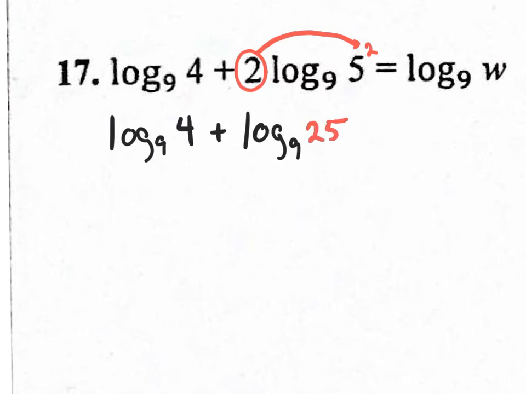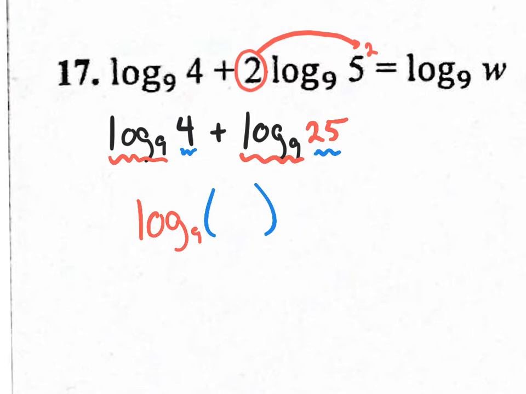And now, since I have log base 9 here and log base 9 there, I could condense it with the product property and say log base 9 of what times what? 4 times 25. What is 4 times 25? 100. All right.